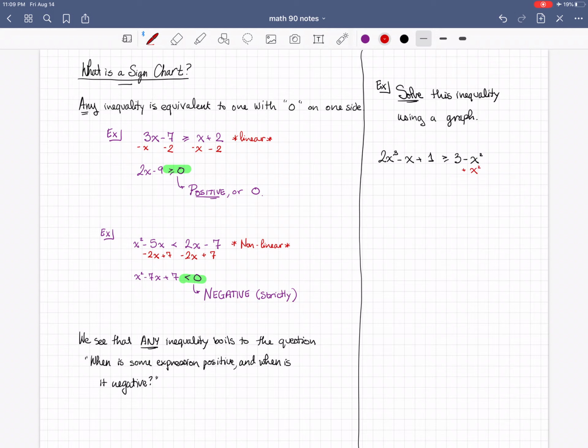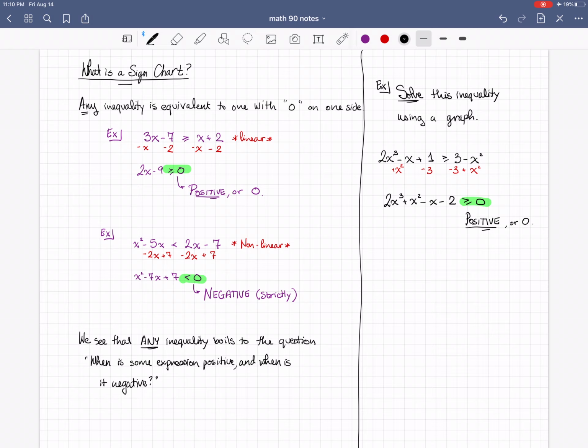I'm going to add x squared to both sides, and then subtract 3 from both sides. That gets me 2x cubed plus x squared minus x minus 2 is greater than or equal to 0. What I want to point out to you is that greater than or equal to 0 means positive or equal to 0.